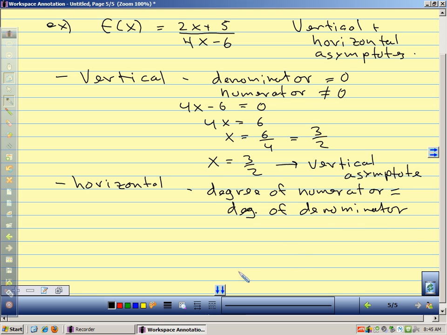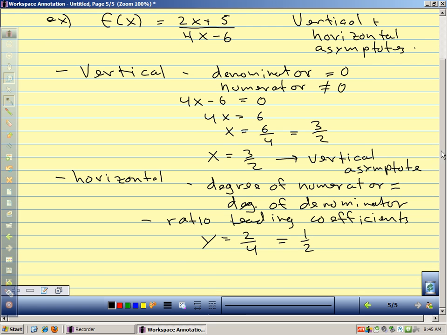So what does that tell us about our horizontal asymptote? How do we find it? It's the ratio of the leading coefficients. So y equals 2 over 4, or 1/2.